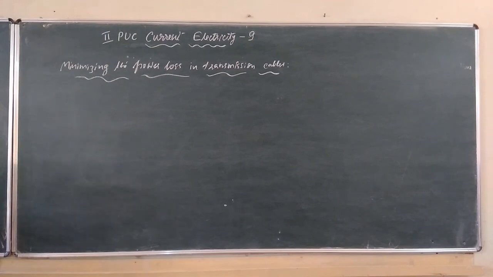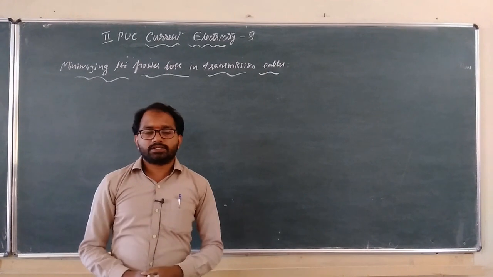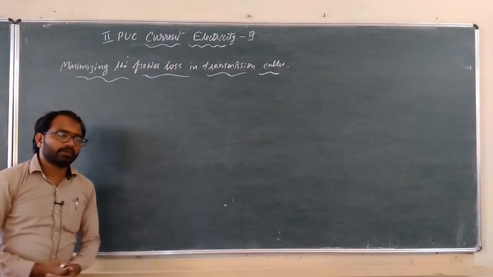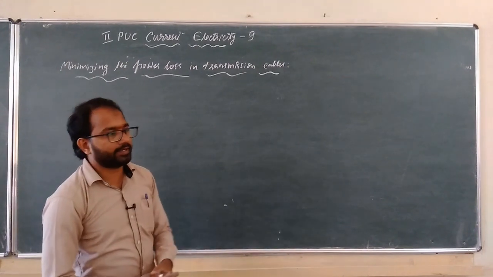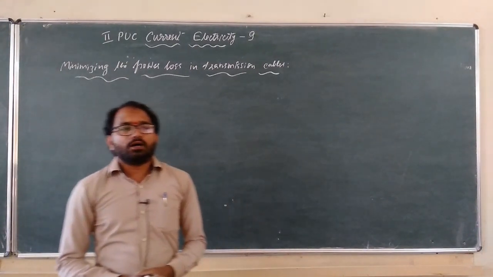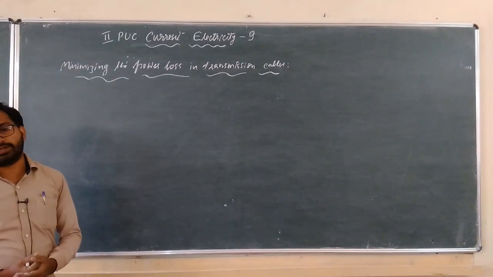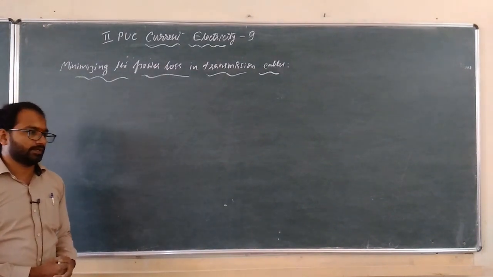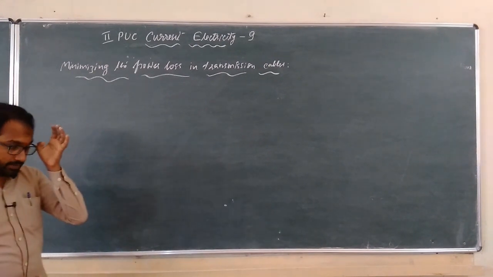See, the electrical power generated at the power stations is transmitted to factories, homes, schools, and for different purposes, which are situated hundreds of kilometers away from the power stations. And this power is transmitted using the transmission cables.